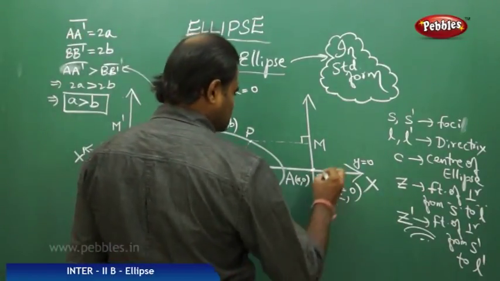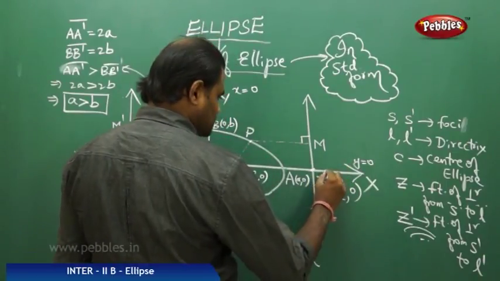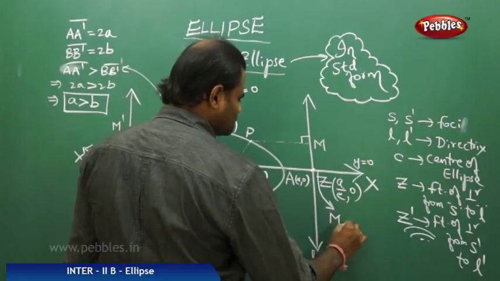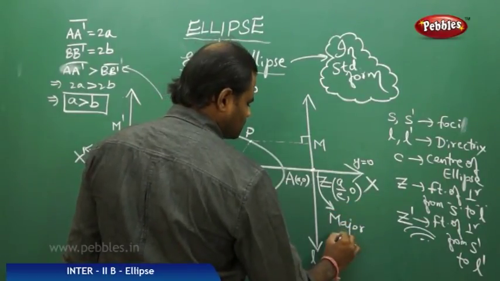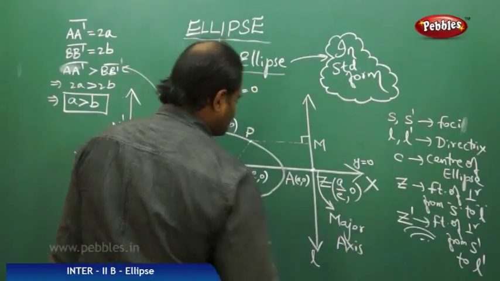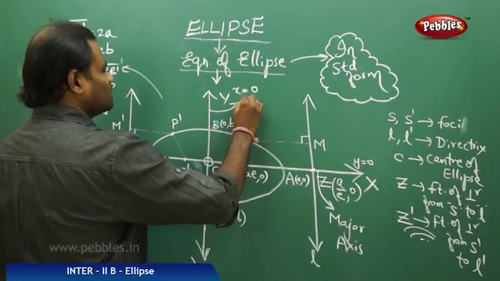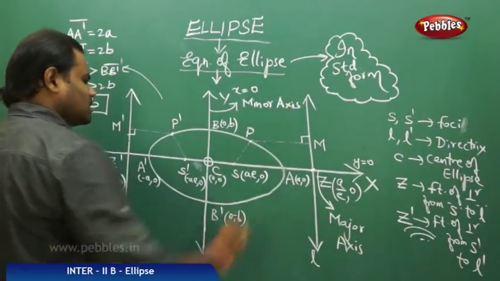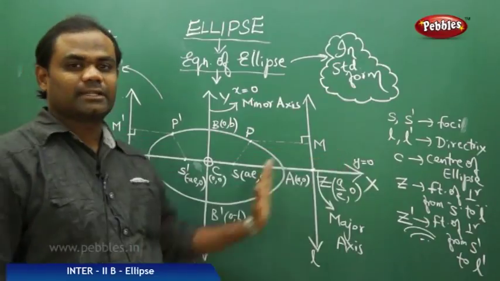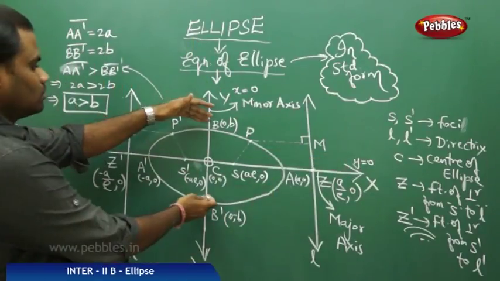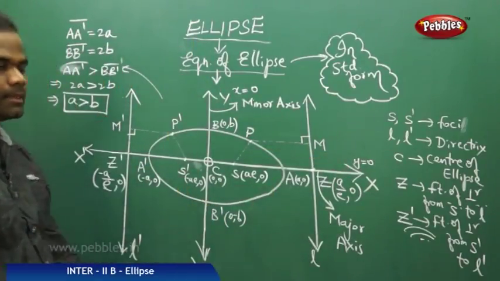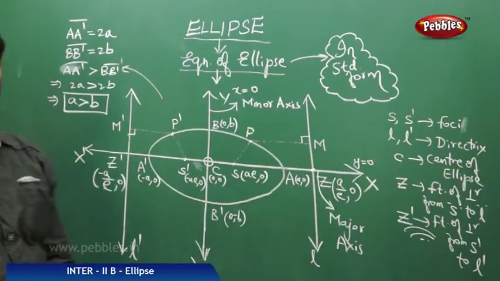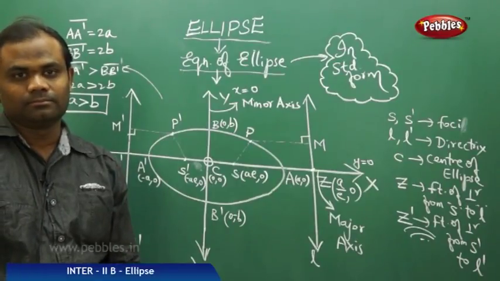So this is the major axis, and this is the minor axis because this has the major segment along x-axis and minor segment along y-axis. Now with this, we are going to define the whole of the equation of ellipse in standard form.